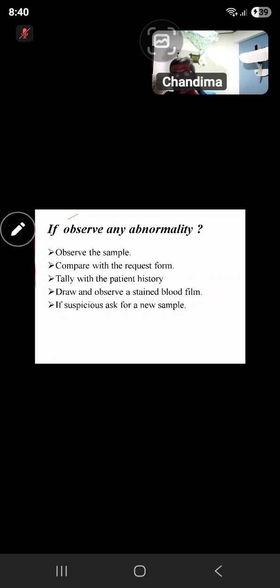That relationship is not there, the RBC count is erroneously high, and the platelet count is low. We have to suspect that there may be platelet clumps. Maybe EDTA induced, or sometimes other conditions cause platelet clumps. Right. Thank you, sir.